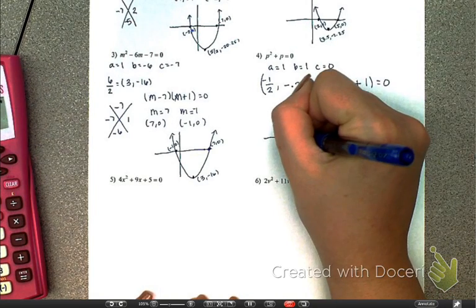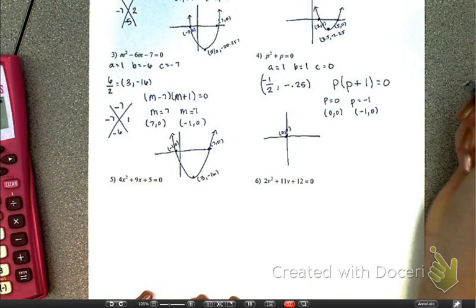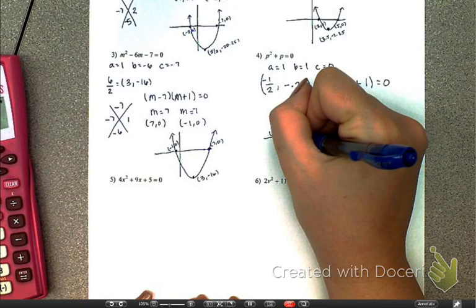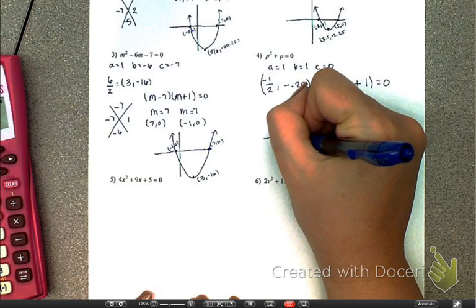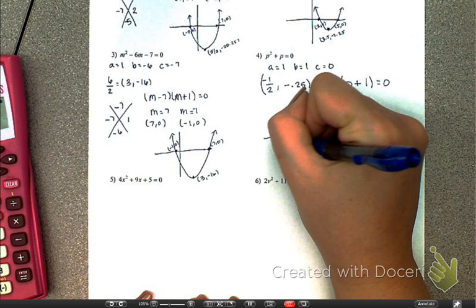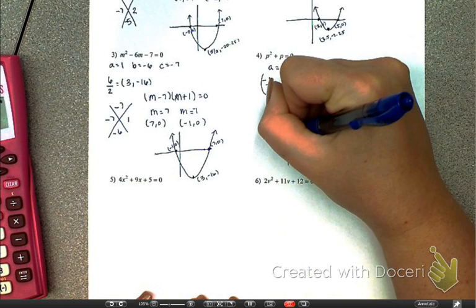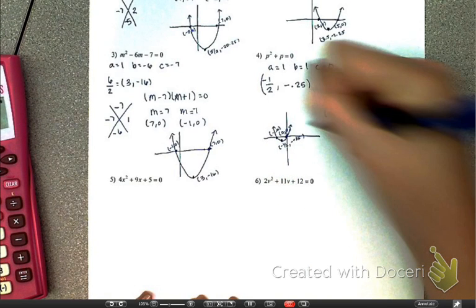So 0, 0 is the first point. Negative 1, 0 is another point. Negative 1/2. Okay, so it's a tiny, tiny, tiny little graph here. But it should be also on the easy side.